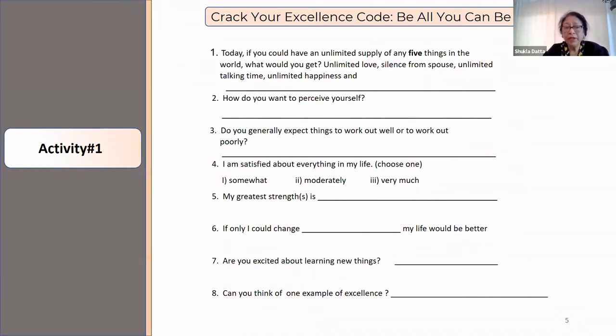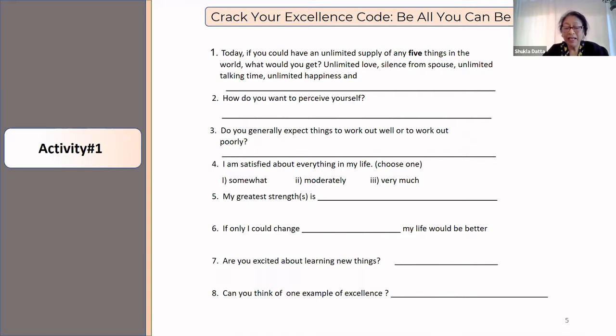Today, if you could have an unlimited supply of any 5 things in the world, what would you get? I gave 4 samples like unlimited love, silence from spouse, unlimited talking time, unlimited happiness, and the 3 answers I'm quoting here: self-confidence, unlimited fresh air, and unlimited money.